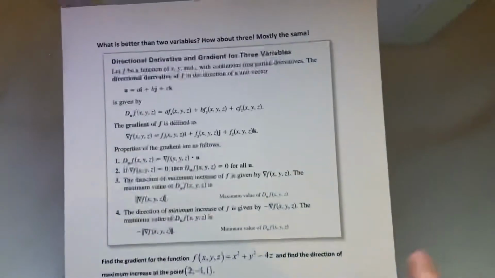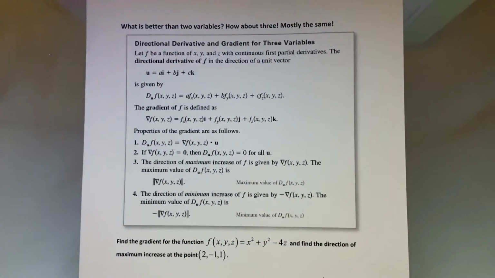Now, if we can do this in 2 dimensions, we should also be able to do this in 3 dimensions. And here are some rules for how the directional derivative and gradient apply in 3 variables. We have a unit vector in 3 directions now. We're now going to have 3 partial derivatives in i, j, and k.